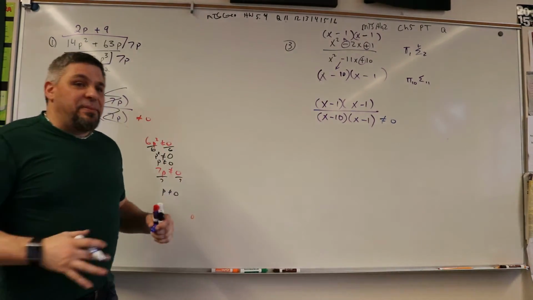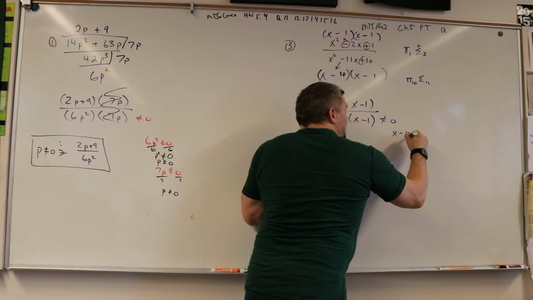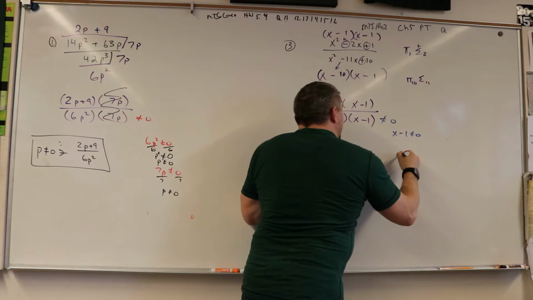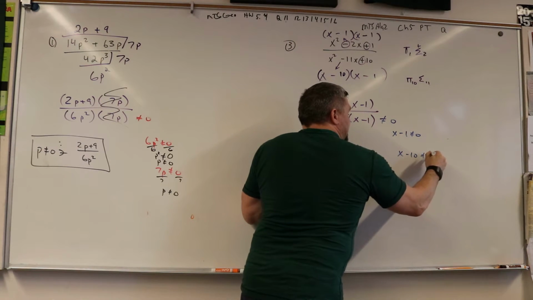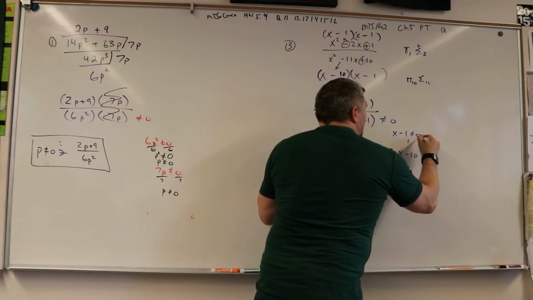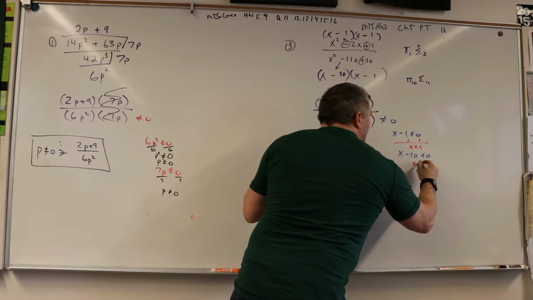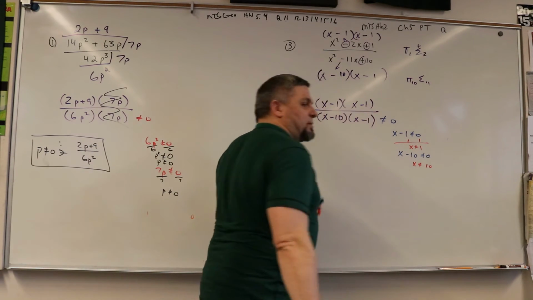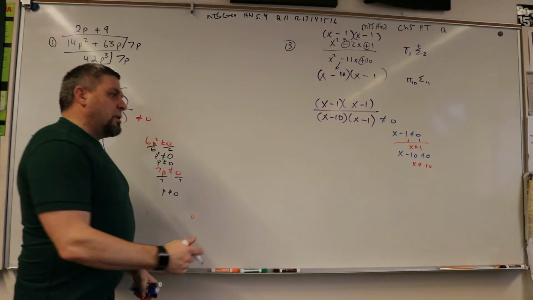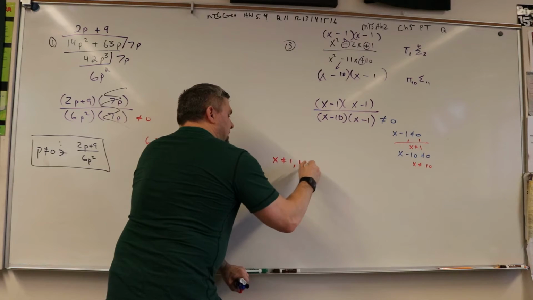That means that x minus 1 cannot be 0, and that x minus 10 cannot be 0. So when I solve that, x cannot be 1, x cannot be 10. So right away I know that x cannot be 1 or 10.